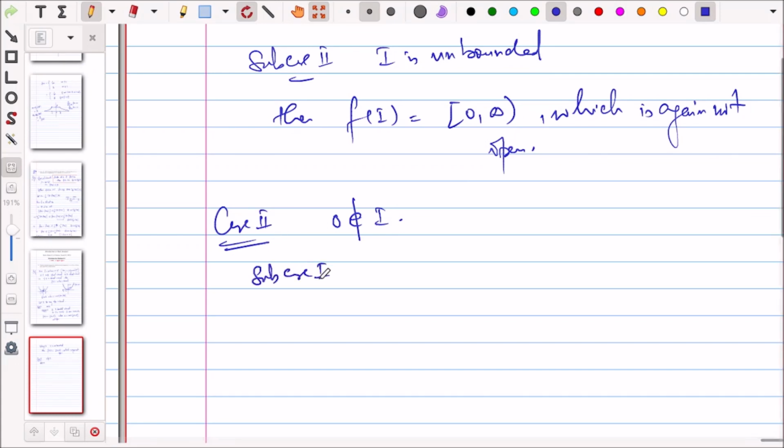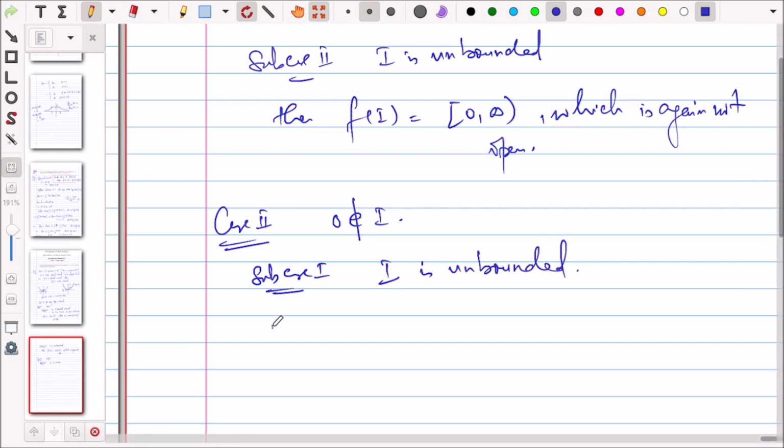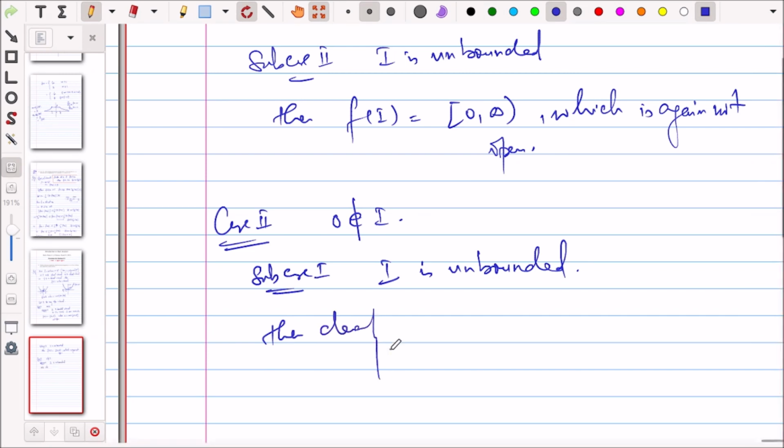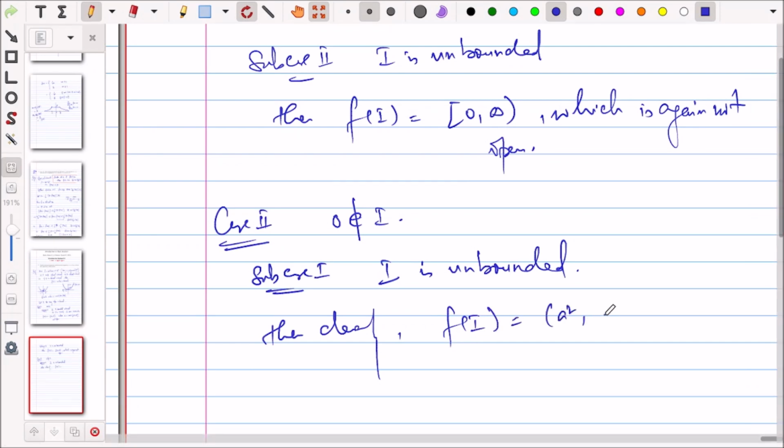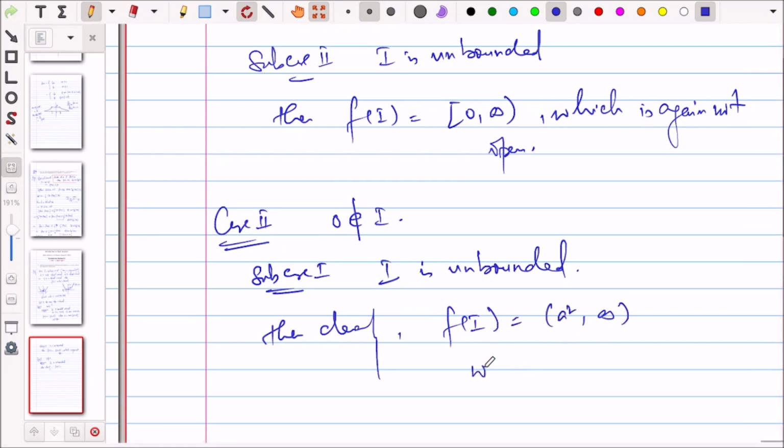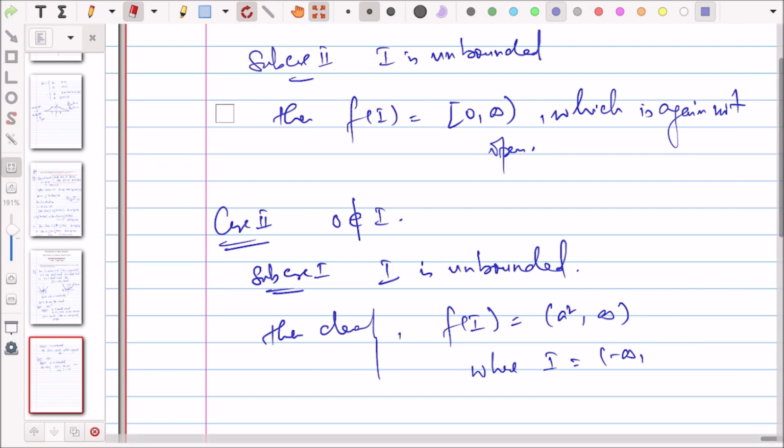Sub case 1, I is unbounded, then clearly f(I) is of the form (a square, infinity), where I is equal to (minus infinity, minus a) for a greater than 0, or you can say (minus infinity, a) or (a, infinity).